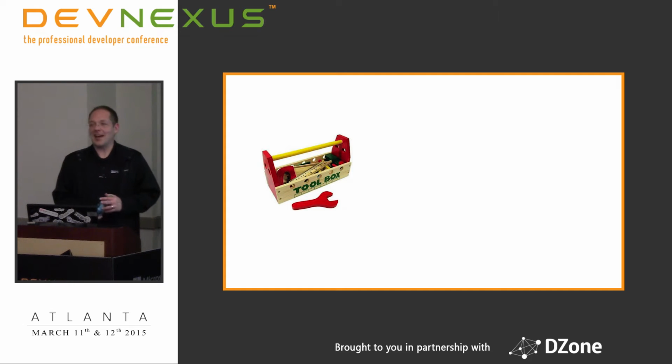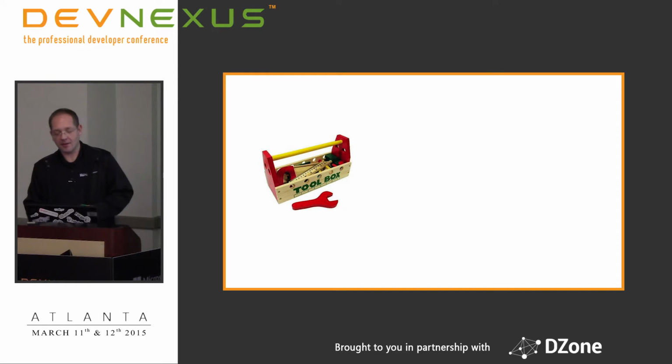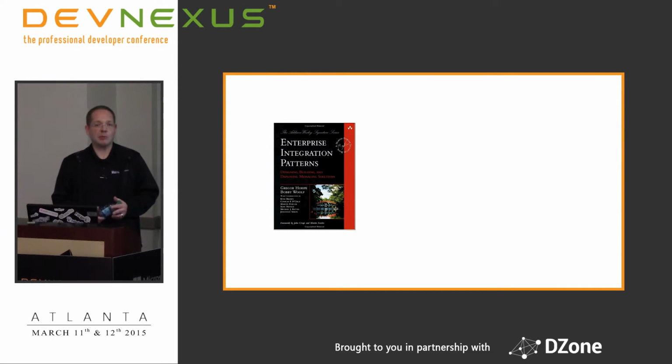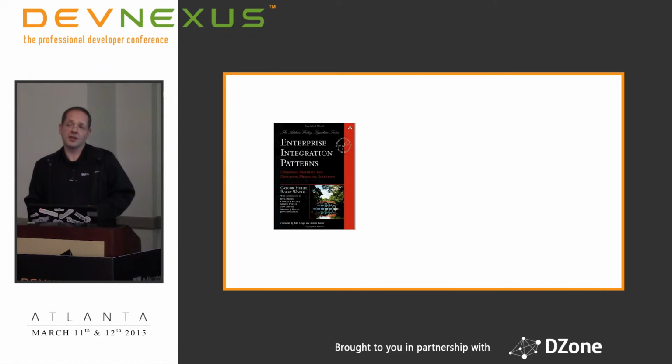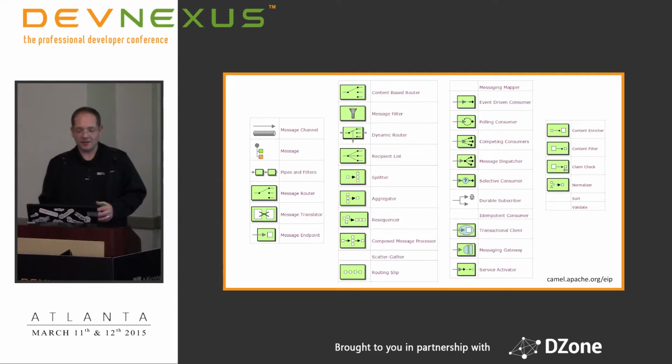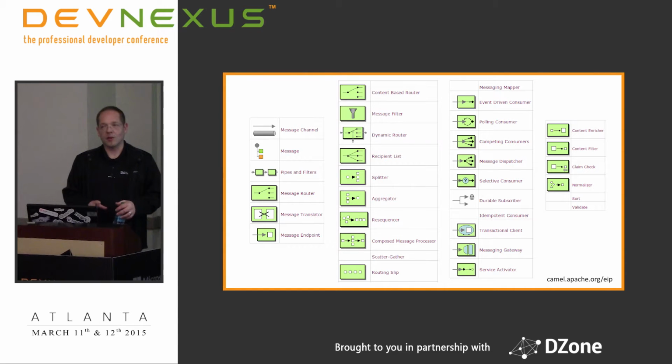It's still hard to get your hands on what Camel is in a single sentence. I think the best approach is to think of it as an implementation of this book. This is pretty much the base for whatever Camel tries to achieve. So Camel is a physical implementation of enterprise integration patterns. And to make it a little bit more concrete, this is exactly what that looks like.